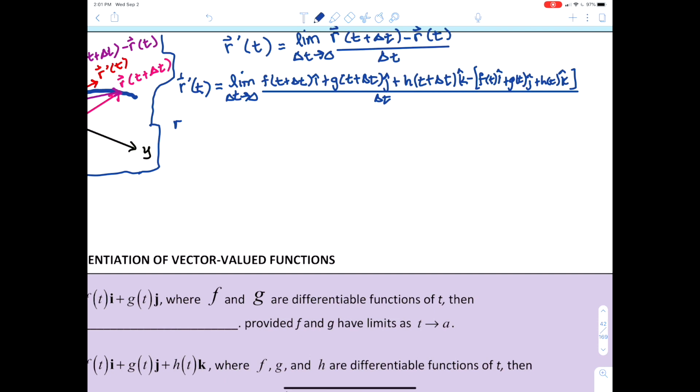So we get r prime at t would be the limit as delta t approaches 0.